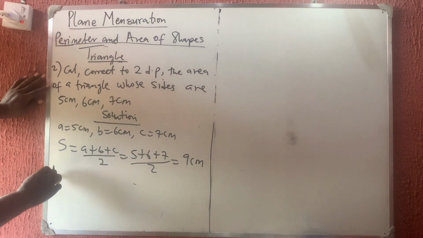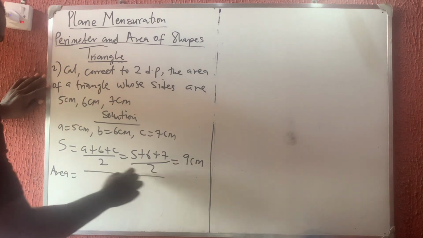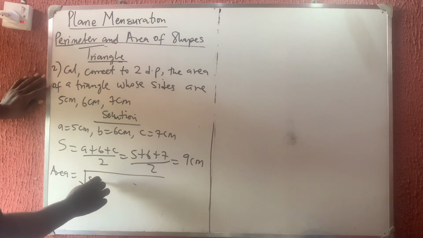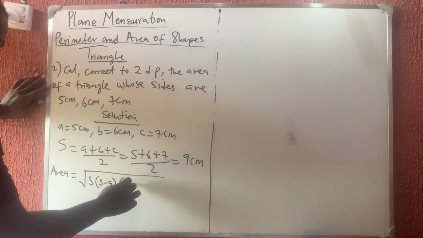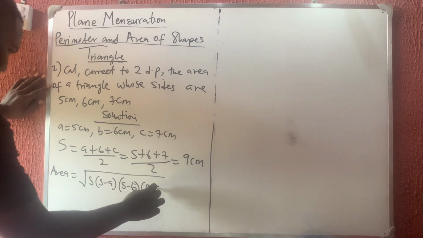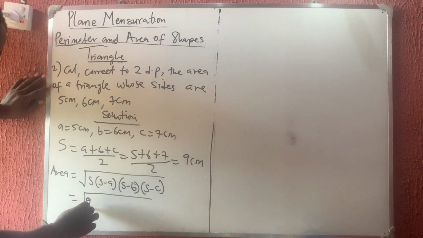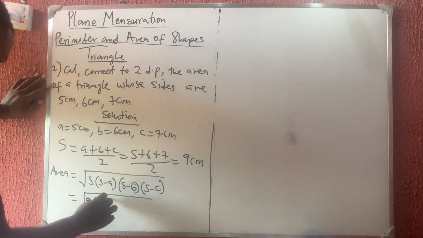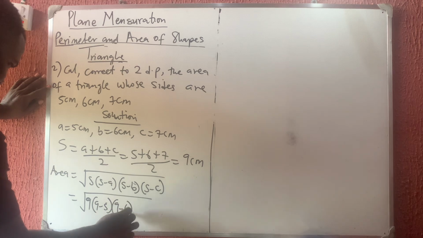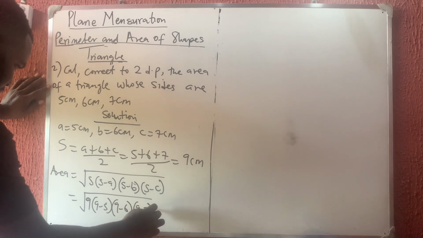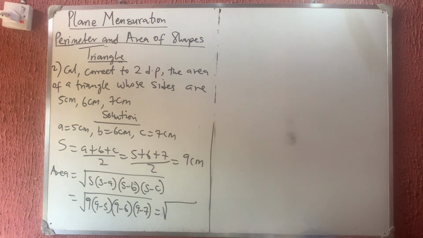So therefore the area is simply the square root of S in bracket of S minus A, in bracket of S minus B, in bracket of S minus C. So which is what? The square root of 9 in bracket of 9 minus 5, 9 minus 6, and 9 minus 7. So I'm having the square root of 9, bracket 4, bracket 3, bracket 2.